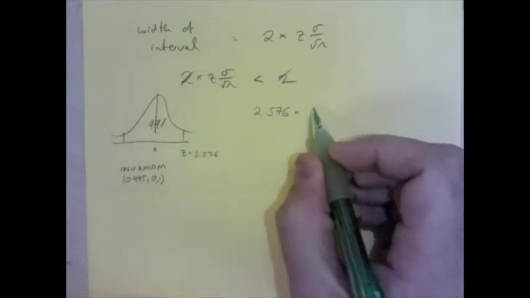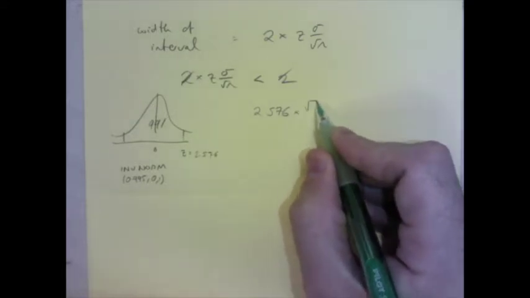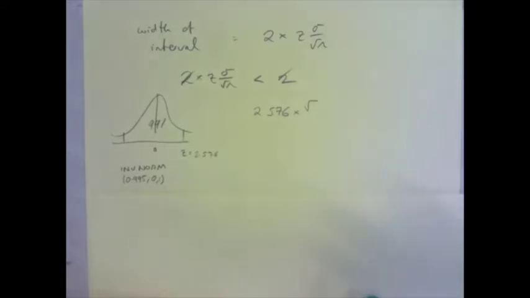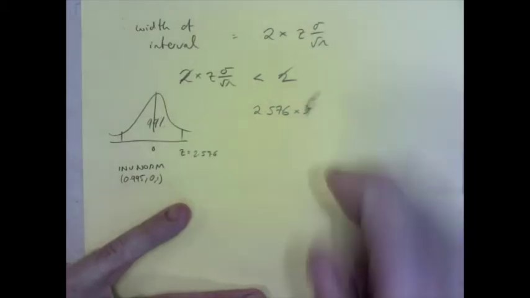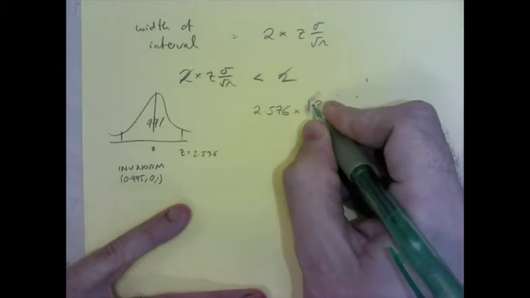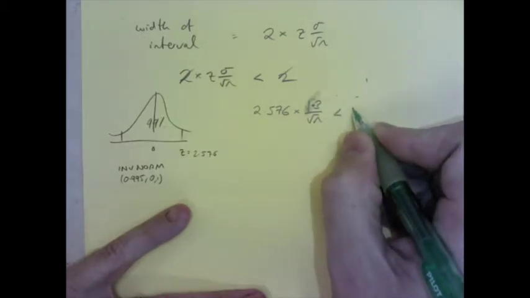So coming back up to my solution, I've got 2.576 times sigma, which was 1.3, and root n needs to be less than 1.